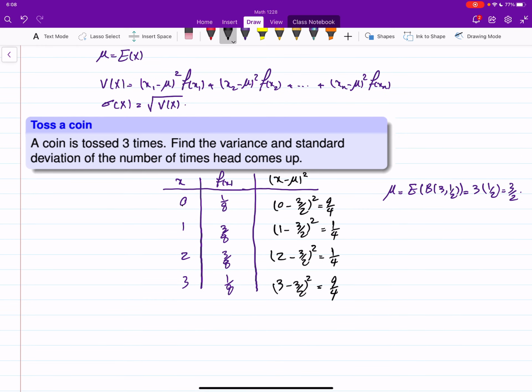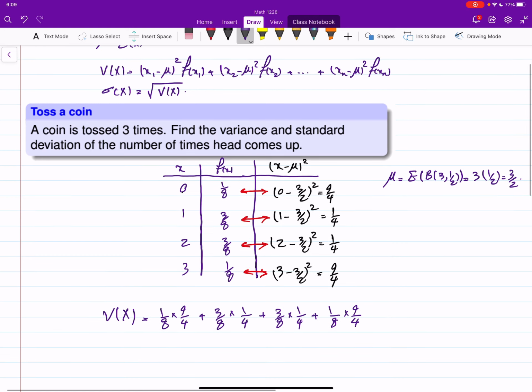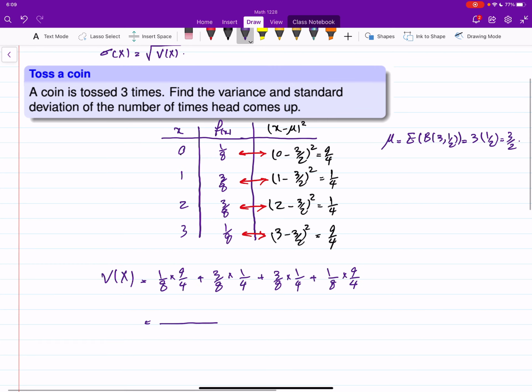Now, the variance of this random variable is found by multiplying each entry in that column by the entry in the PDF column and adding them. So this is 1 over 8 times 9 over 4, plus 3 over 8 times 1 over 4, plus 3 over 8 times 1 over 4, plus 1 over 8 times 9 over 4. All of them have the denominator 32 and the numerator 9 plus 3 plus 3 plus 9.